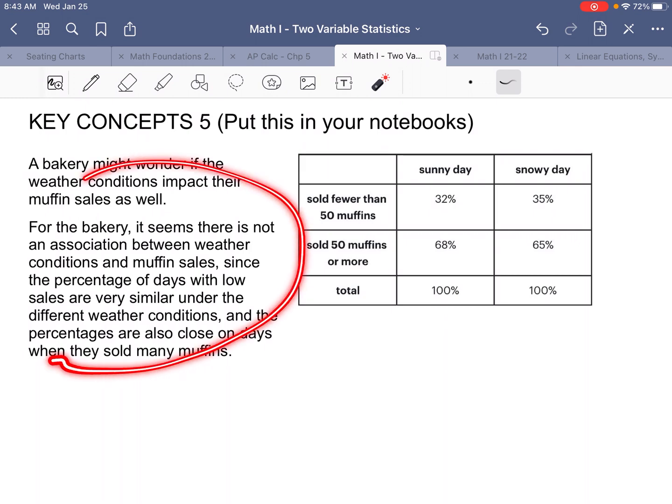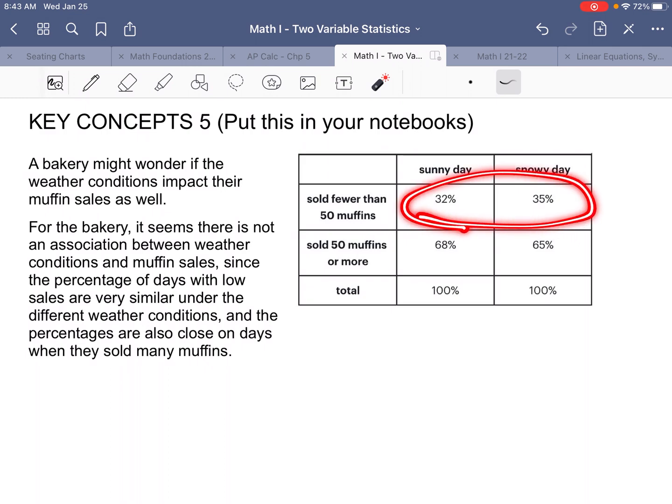It seems that there's not an association between weather conditions and muffin sales, since the percentage of days with low sales are very similar under different weather conditions. And the percentages are also close on days when they sold as many muffins. So whether it's a sunny or a snowy day, about 32 to 35% of the time they sold fewer than 50 muffins.